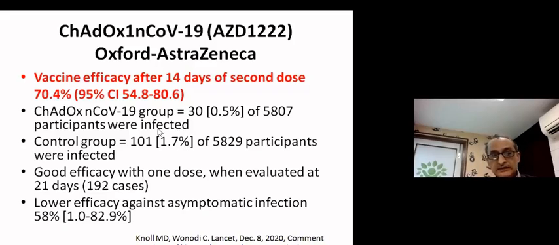So that's how this comes to a vaccine efficacy of 70.4%. And obviously, they have analyzed other data, the safety data, the efficacy data, the seroconversion data, and it has been given approval by the UK health authorities and the Indian drug regulatory people.